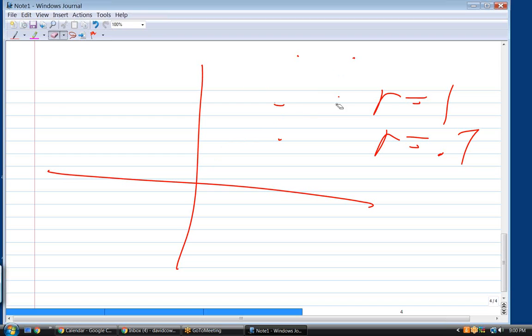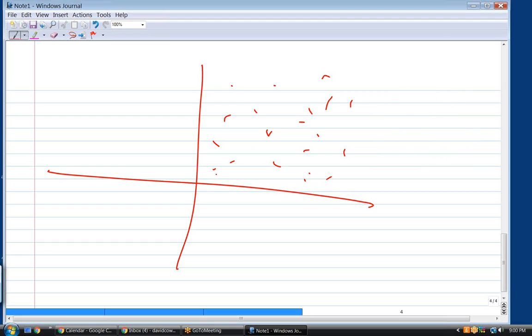If I had a bunch of data points that were just completely random, and I said do a linear regression of that, well, it's going to be able to do a linear regression. It's going to fit some straight line through that, but it'll have a very low R. It might have an R of 0.1, meaning that those points are not very close to that line. There's a lot of distance here.